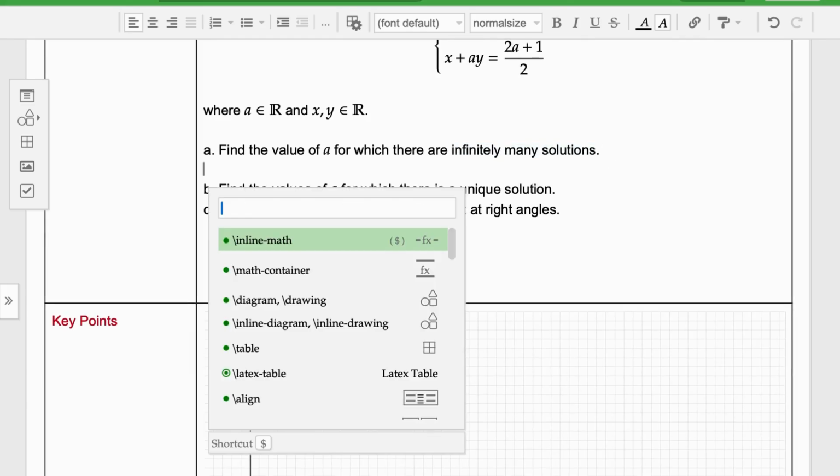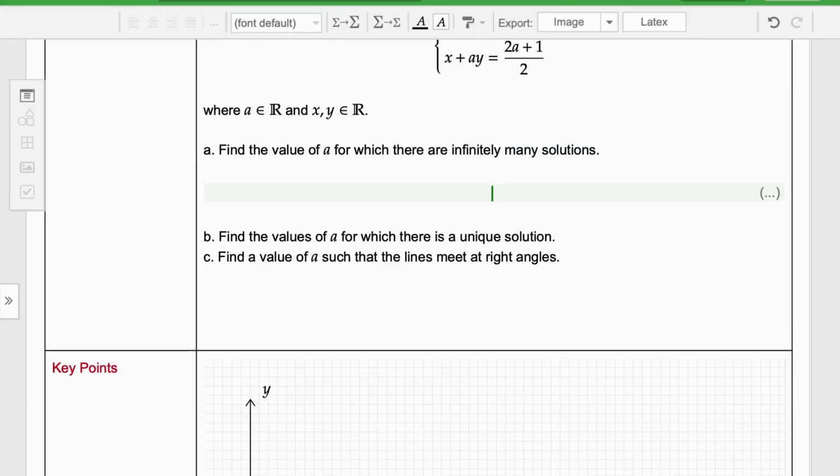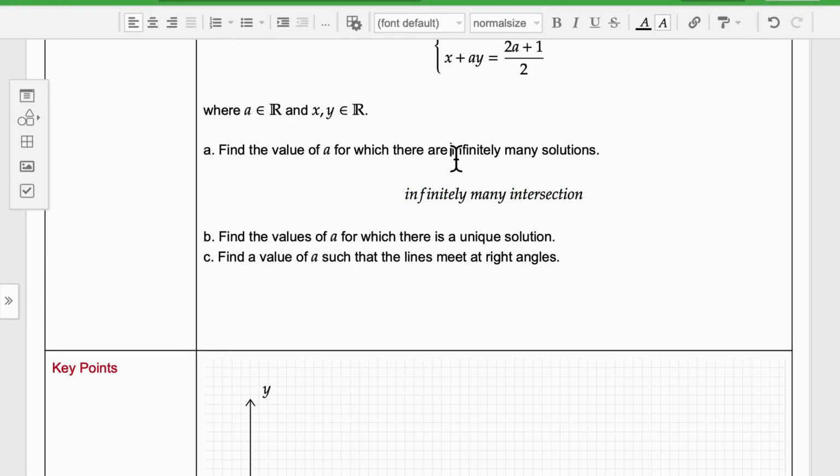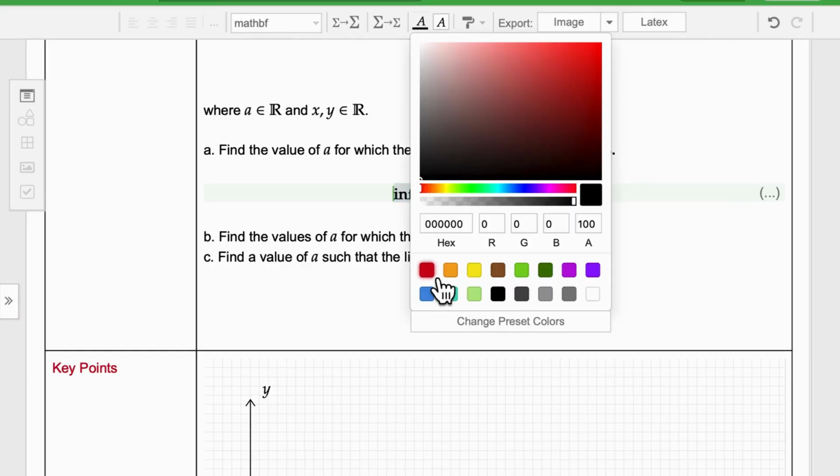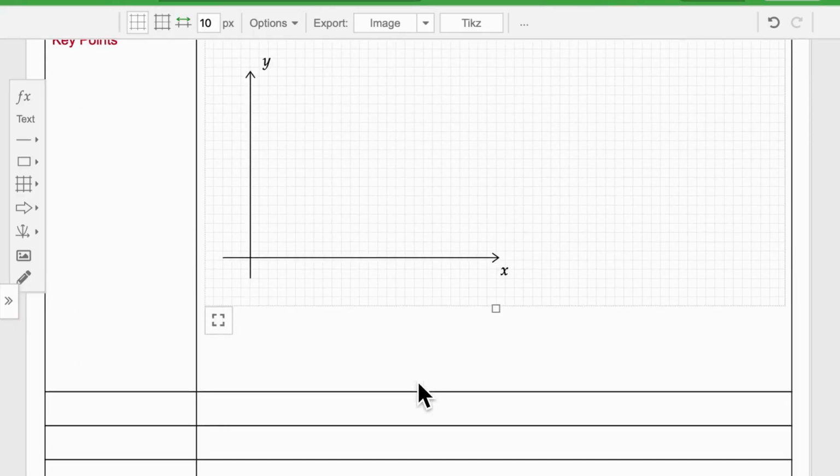It means that two lines will have infinitely many intersections. Does it make sense? So let us consider the graph here.